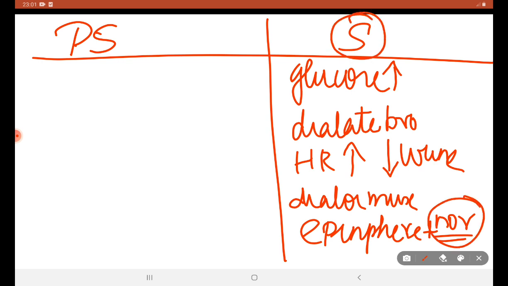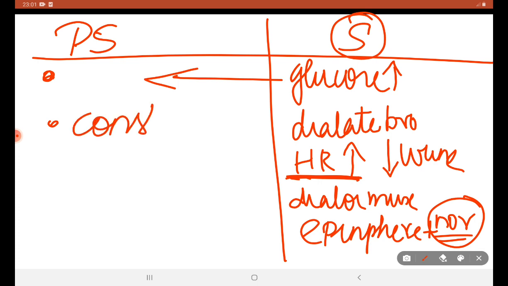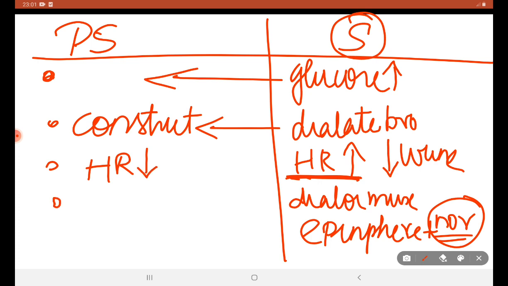It increases heart rate, so ventricular end diastolic volume and stroke volume, all those will comparatively increase. So what will happen in the parasympathetic system? Opposite will happen. No effect on glucose, constricts bronchioles. Okay. Heart rate will decrease. Kidney has no effect. Blood vessels, no effect.